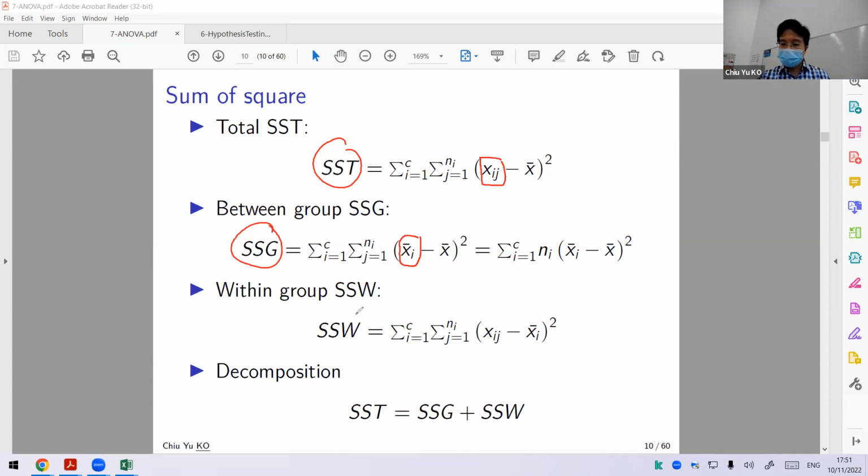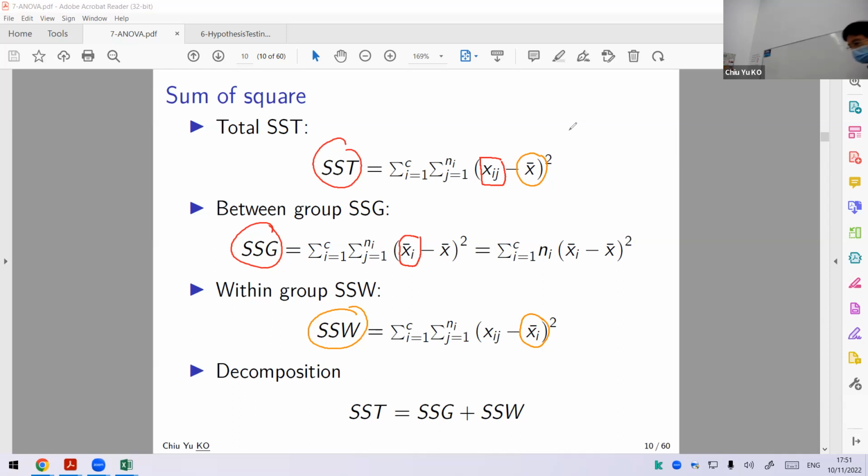The other one, SSW, is looking at the same thing, but you replace this part differently. SSW is asking how each observation differs from the group mean.